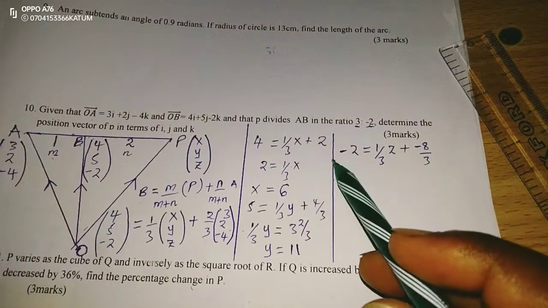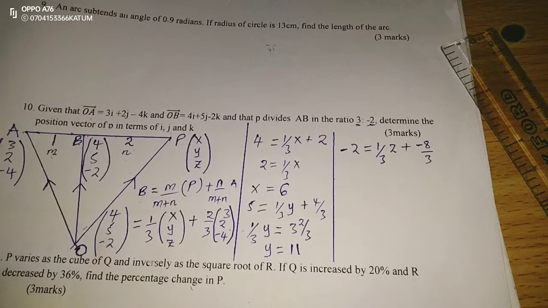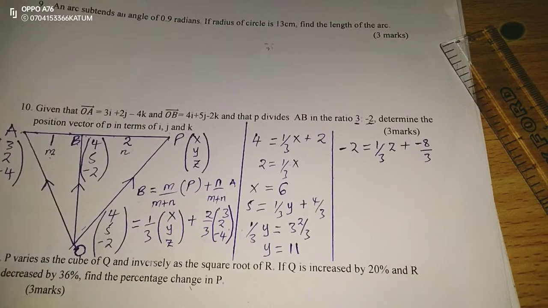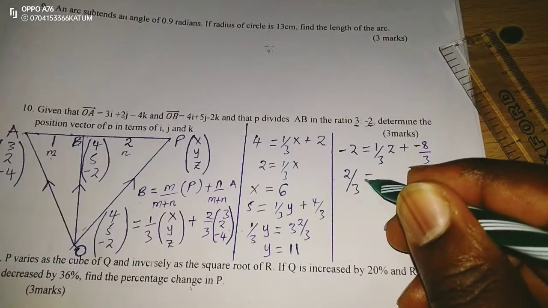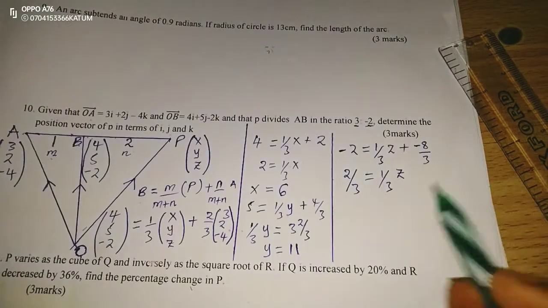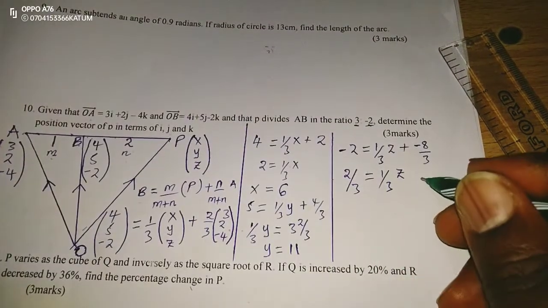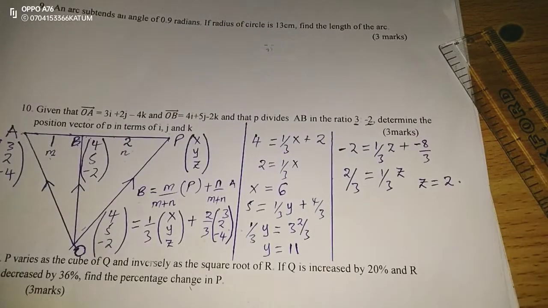Being taken to the other side, it will be added, so that we have -2 plus 8 out of 3. This will be 2/3 equals a third z. So a third can simplify from both sides, and z is going to be equivalent to 2.